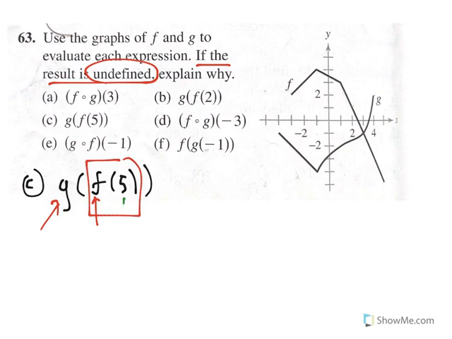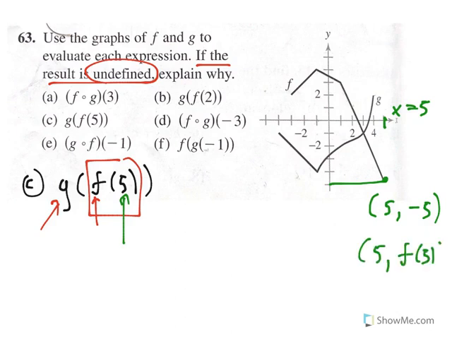Third, you've got to understand that for the function f, we're looking at the input value of 5 and what is the output value. So here is 5 for x, and you're looking at this point on the graph of f, which appears to have a y-coordinate of negative 5. So you have 5, negative 5, or 5, f of 5. What is f of 5?